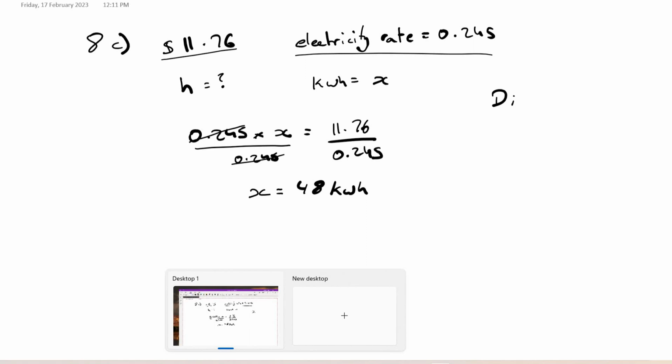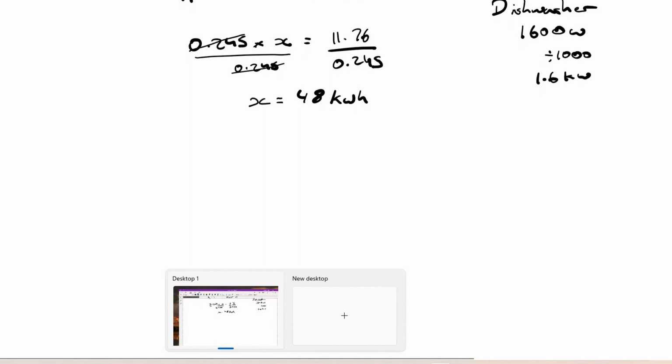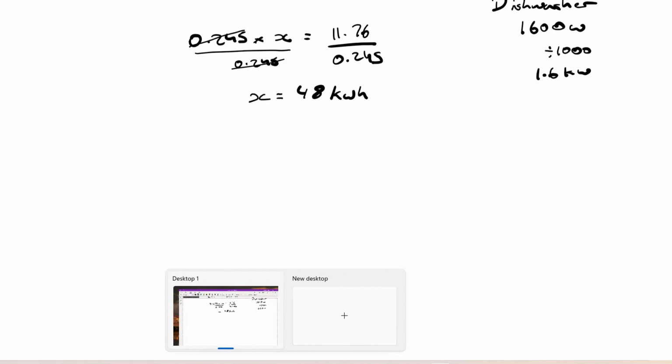So the dishwasher has a power rating of 1,600 watts, and we want to convert that to kilowatts, so we divide by 1,000, so we have 1.6 kilowatts. Now, to get our kilowatt hours, what we usually do is we do 1.6 times by the amount of hours to get our kilowatt hours.